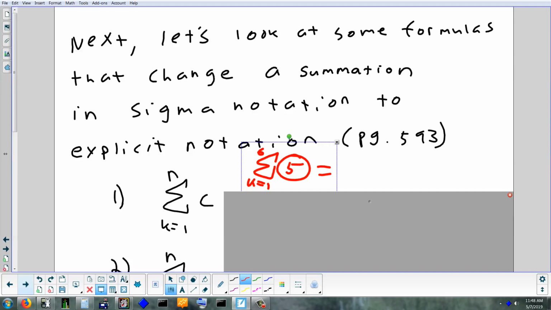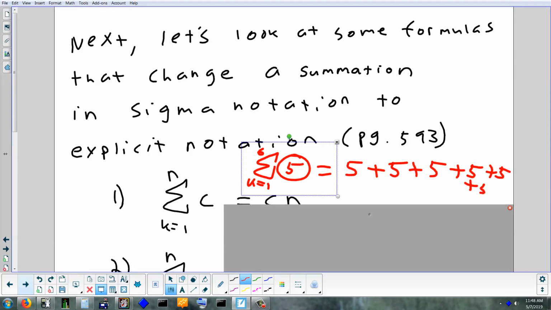5. That's all that's there. Now plug in 2 for k. What do you get? You get another 5. 3? Yeah. So no matter what you plug in for k, you're just going to keep getting 5s. How many 5s are you going to get? You're going to get 6 of them.